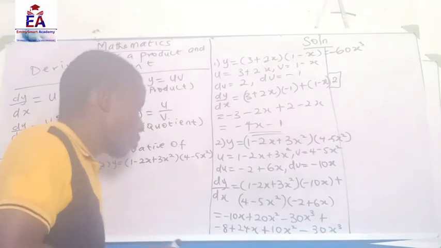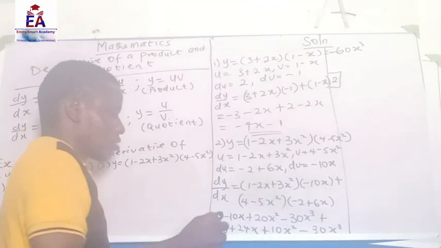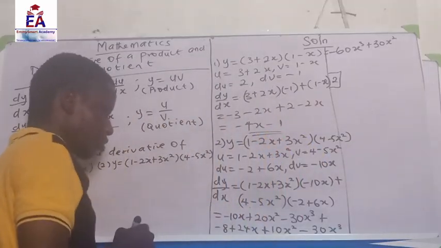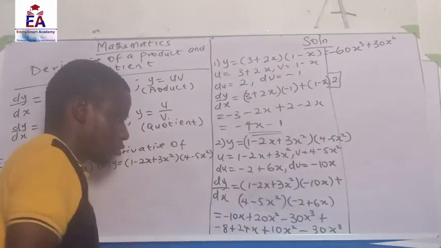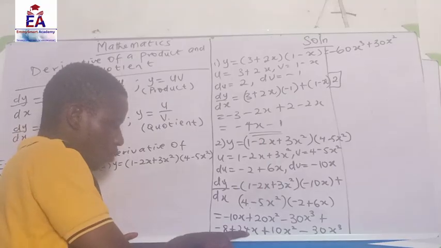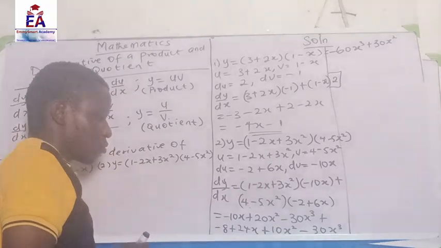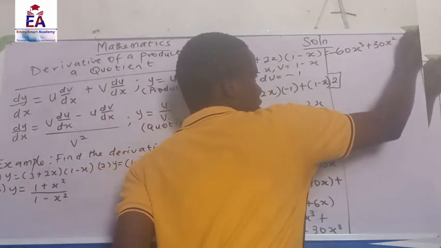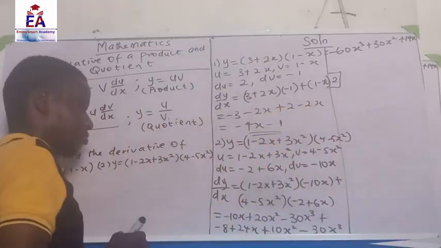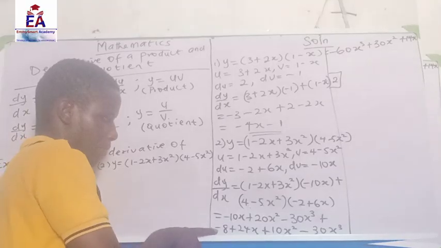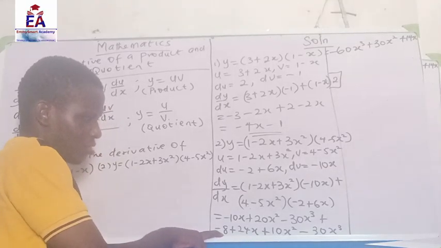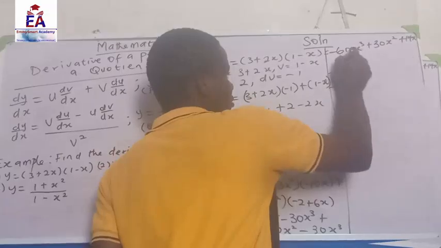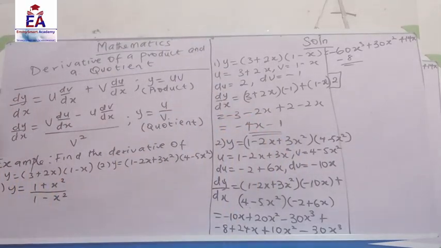So I'm going to have 20 plus 10, which is 30x squared. Then 24x minus 10x gives 14x, and then we have the constant term.